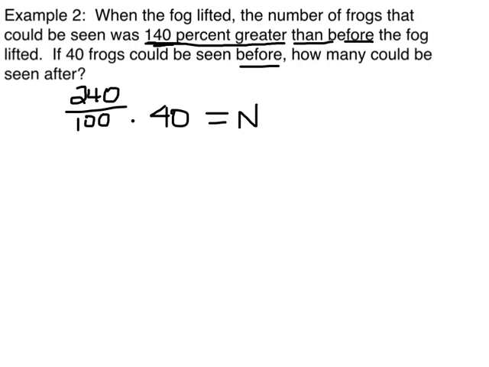I can take this off and this off, and basically what I've got is 24 times 4, which is 96. So 96 is how many could be seen after. That is 40 increased 140%.